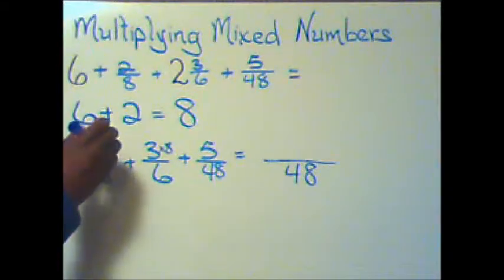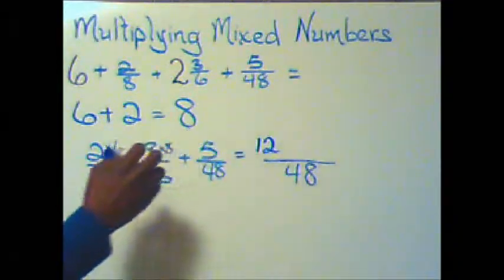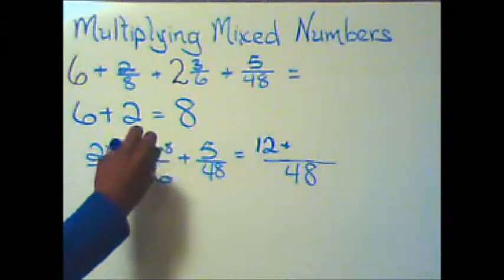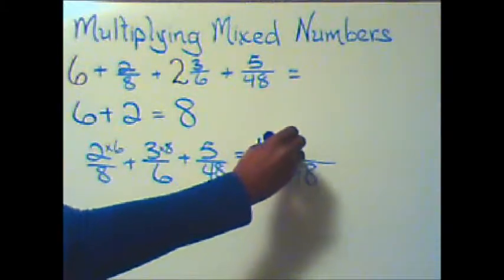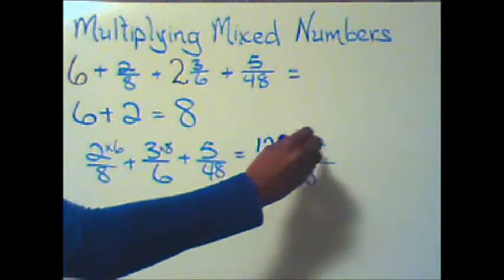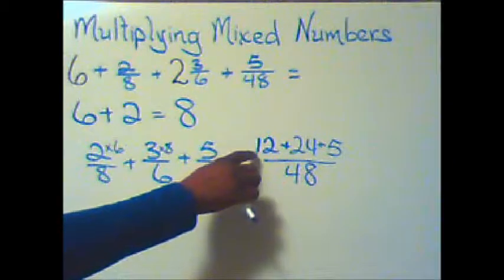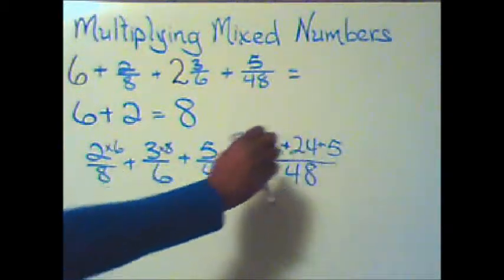I know there are 6. So I'm going to multiply 2 by 6. 2 times 6 equals 12. 3 times 8 equals 24. And 5. So now we're going to add 12, 24, and 5.